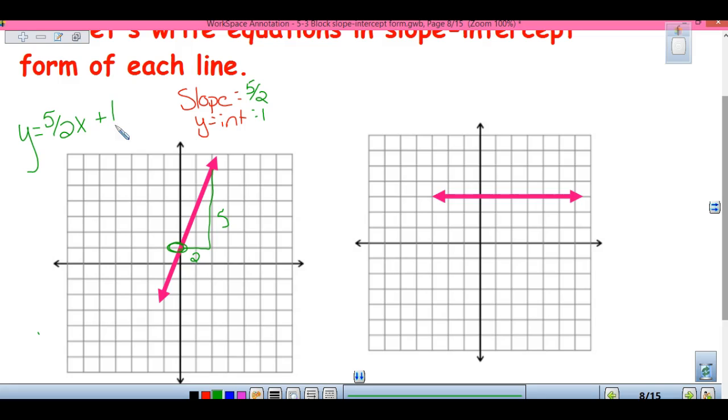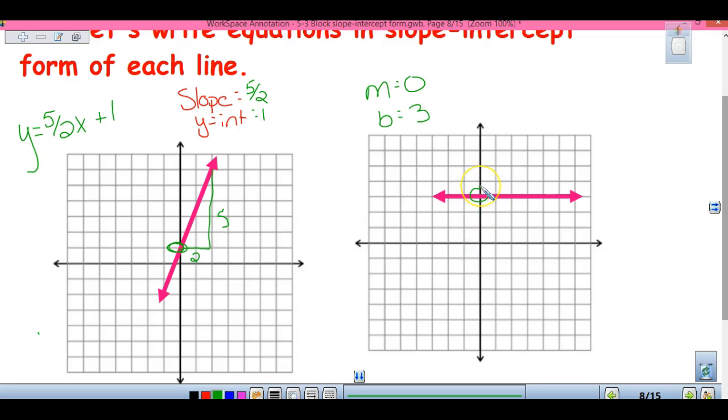Okay. On this one, what is my slope? Zero. My y-intercept, where does it cross the y-axis? At 3, yep. We go up 1, 2, 3.